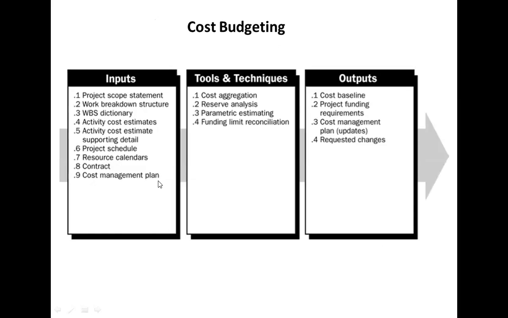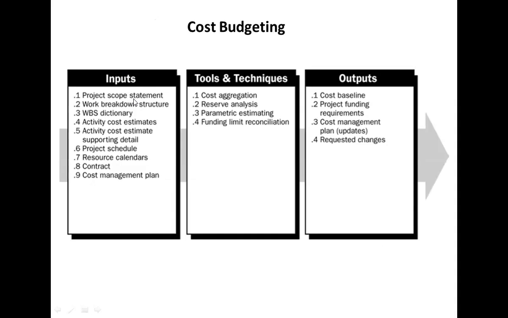So now we are moving to cost budgeting, which is the second main process group in cost management. So we have inputs. In cost budgeting, we have to look at what the activities are also.